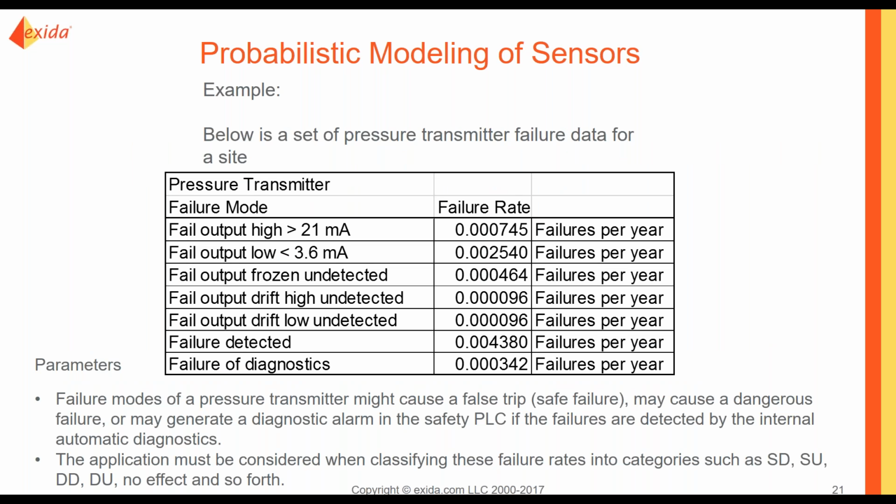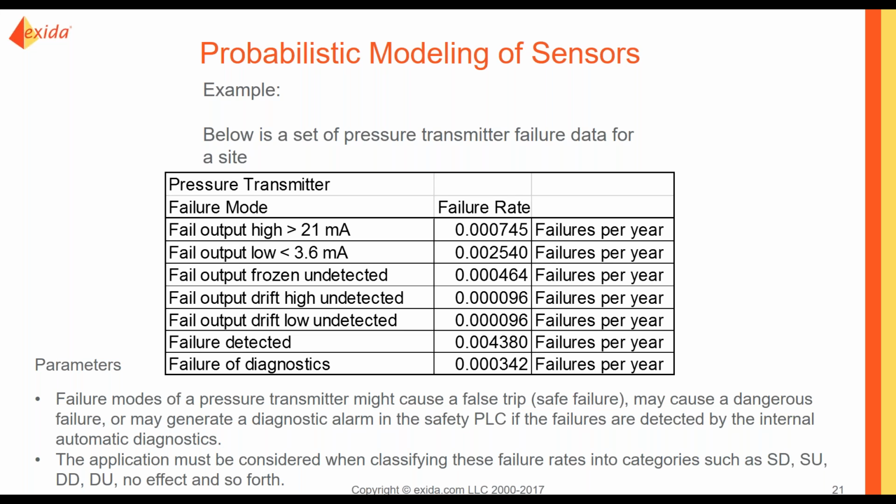So here's an example of probabilistic modeling of sensors. We are given failure rates for this pressure transmitter according to different failure modes. You have your fail output high, which would be greater than 21, fail output low, which is less than 3.6.